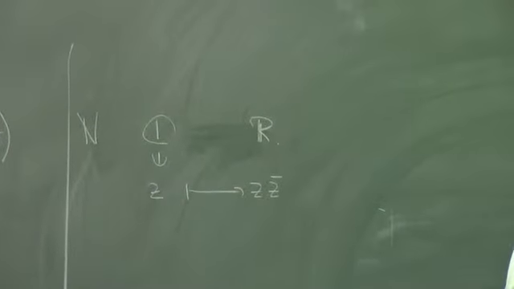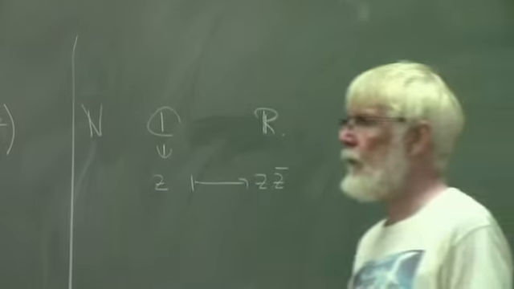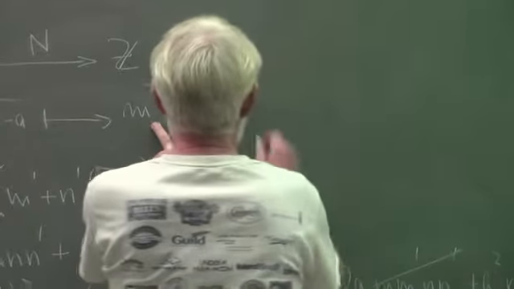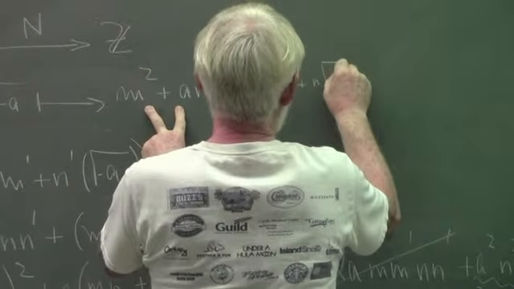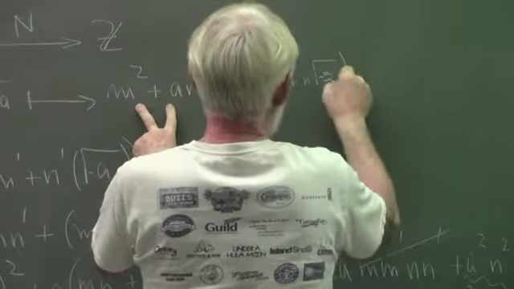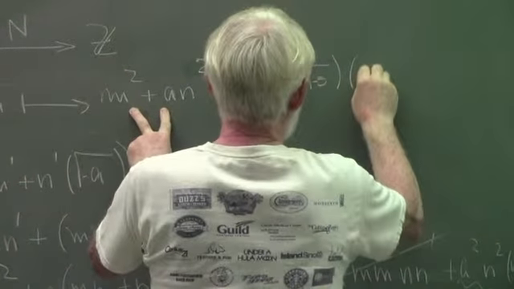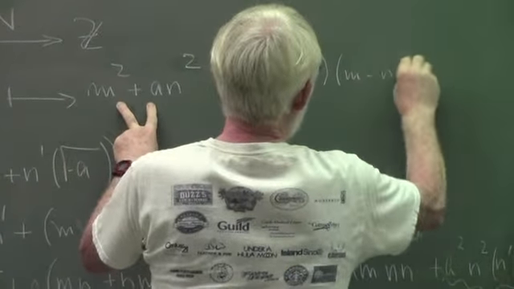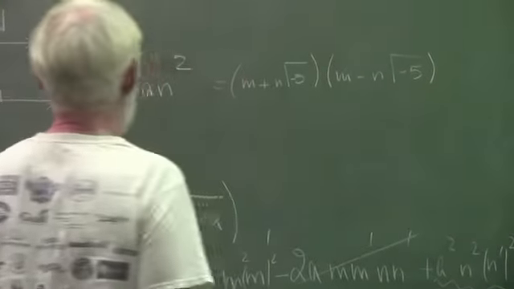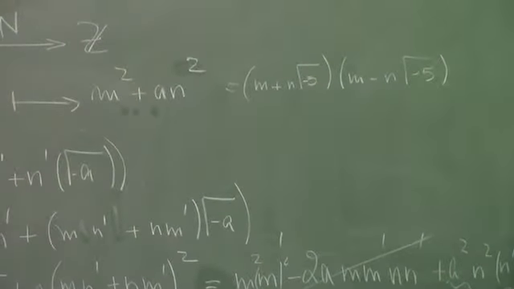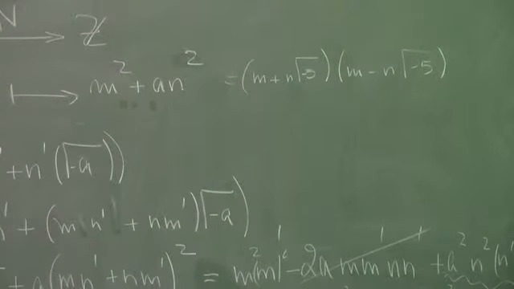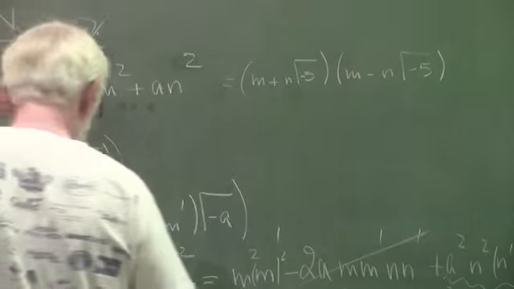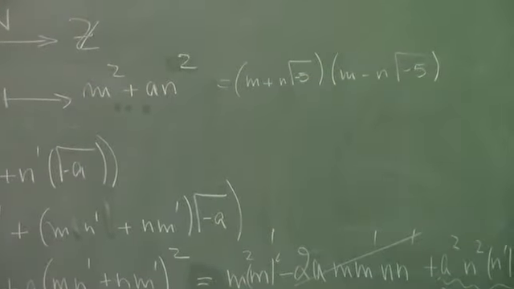Oh, conjugate? Yes. There you go. So this one here is equal to M plus N square root of negative 5 times M minus N square root of negative 5, right? Yeah. That's the conjugate. Otherwise I wouldn't have remembered that formula.